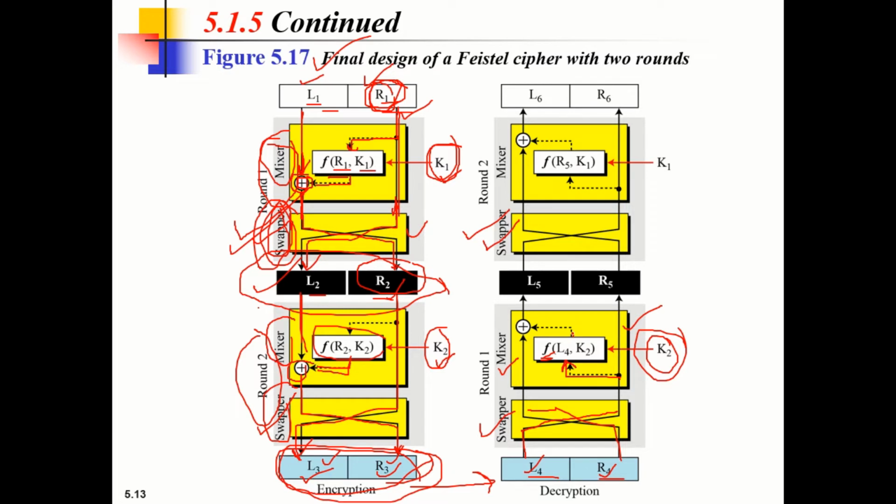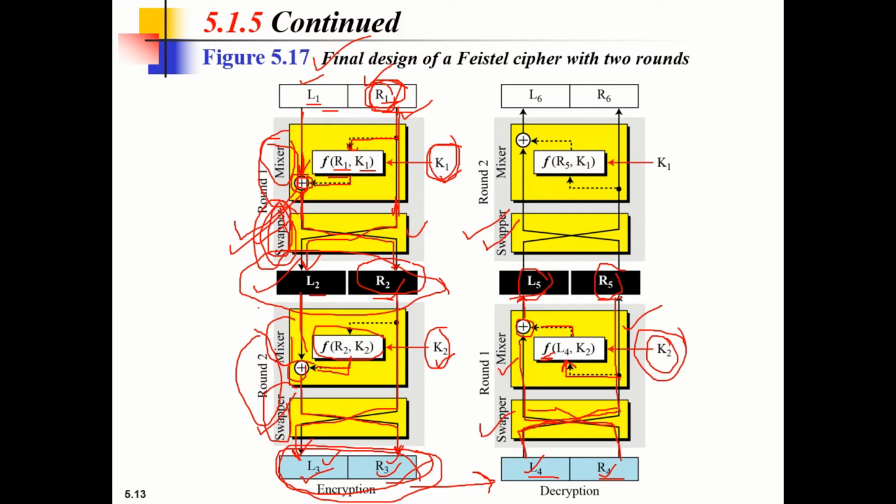The output of this function and this right part over here will be XORed, and in the output we will get the left part of the middle text, right? And after swapping, this left part goes directly to the right portion of the middle text. So at this stage we have the left part and the right part of the middle text.